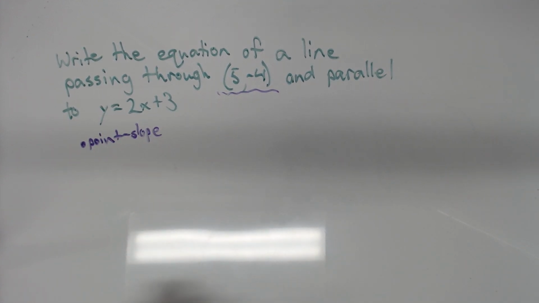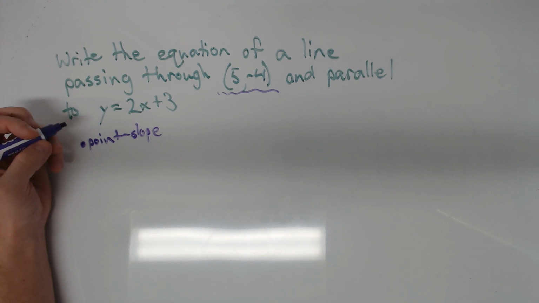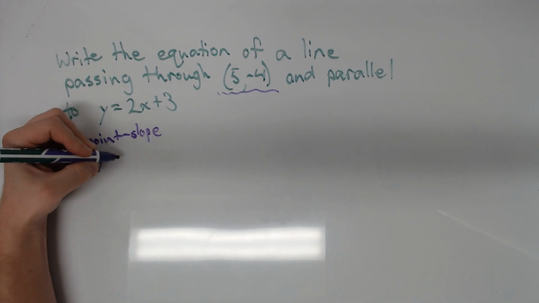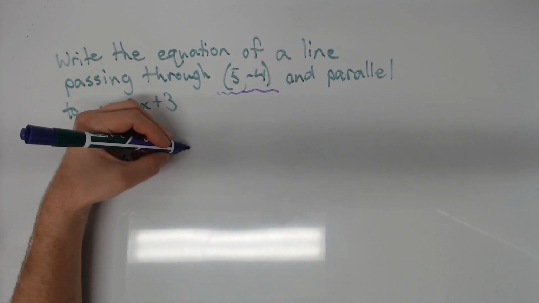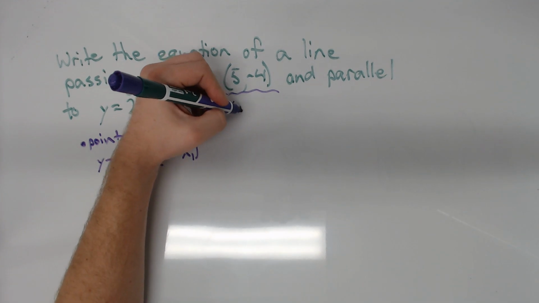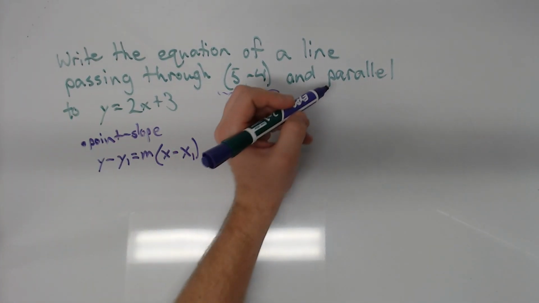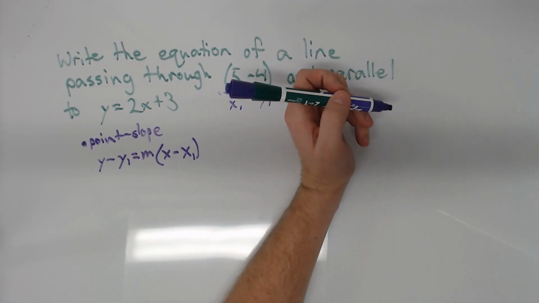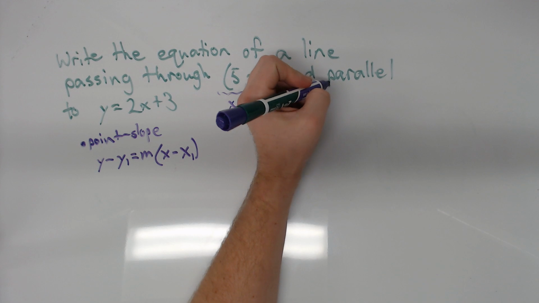It doesn't tell us which one specifically, so we're just going to go with the one that's easiest. So that's y minus y1 equals m times x minus x1. We have the point. This is going to be x1 and y1. But where's our slope? Well, that's what parallel tells us. That's what I was talking about on the first slide when I was talking about what we learn for the day.